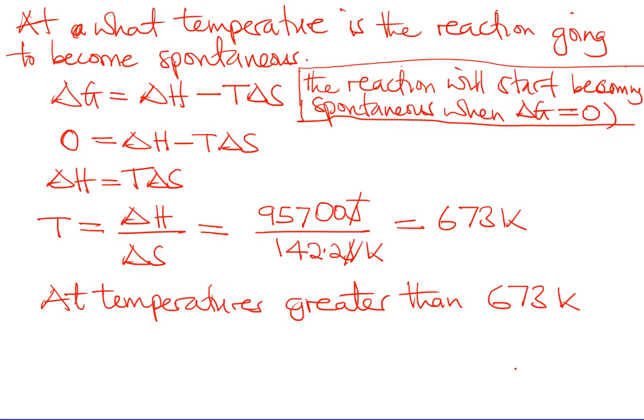So 673 Kelvin is the same as 400 degrees Celsius. At a temperature greater than 400 degrees Celsius, the reaction will become spontaneous.